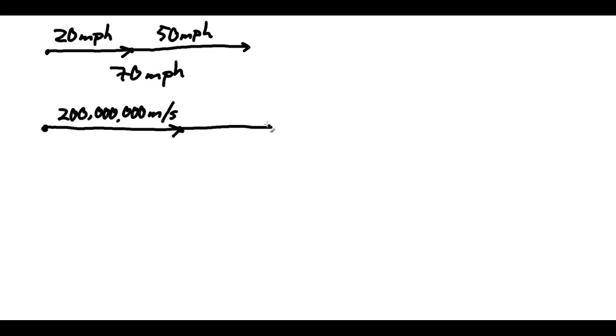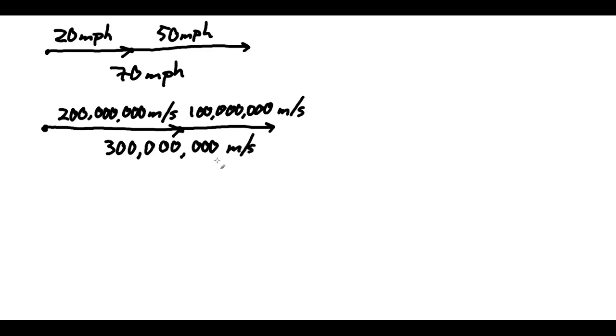And you fire a projectile forward at 100 million meters per second. This Galilean relativity principle would say that an outside observer would observe that projectile moving at 300 million meters per second.